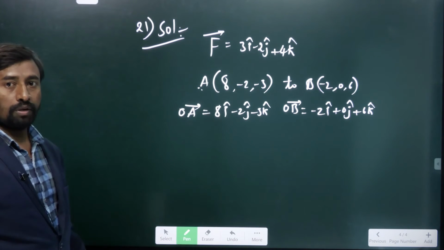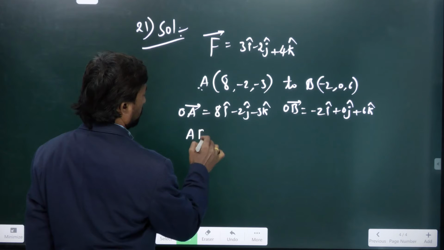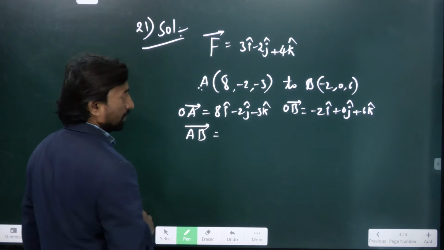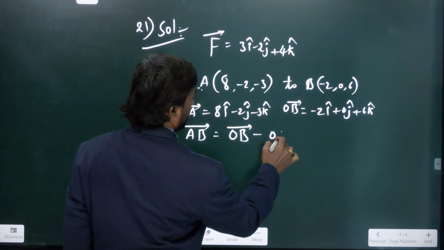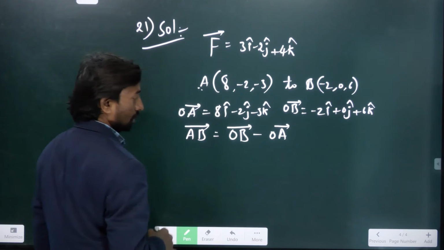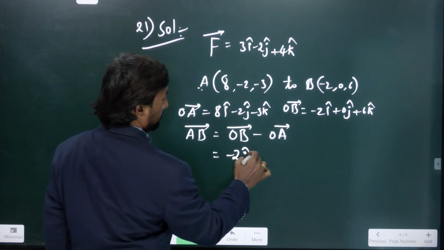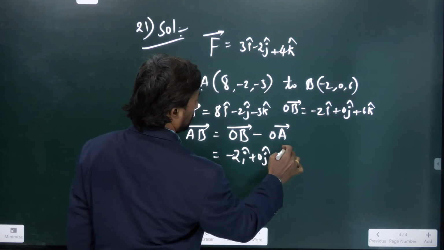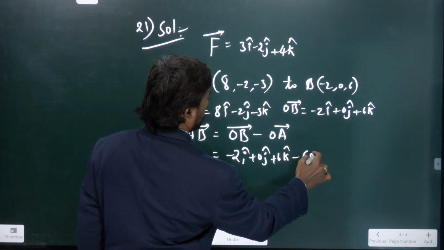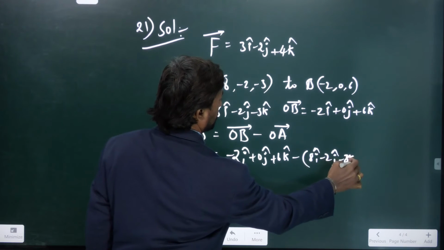Now we should find the displacement vector, AB bar. AB bar can be written as OB bar minus OA bar. So OB bar is minus 2 i cap plus 0 j cap plus 6 k cap, minus 8 i cap minus 2 j cap minus 3 k cap.